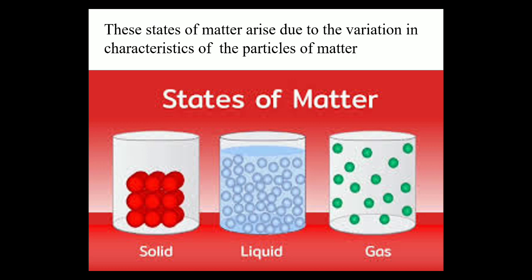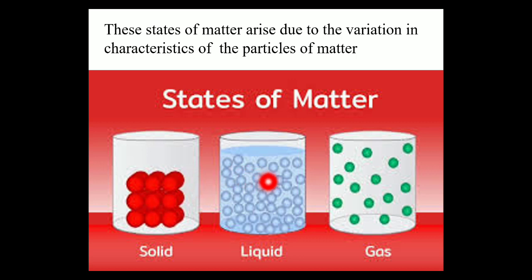Okay, here we can see the different states of matter. How did these different states of matter arise? The different states of matter arose because of the characteristics of these particles. We have already learned one characteristic: in solids the particles are very close to each other and they have greater force of attraction.